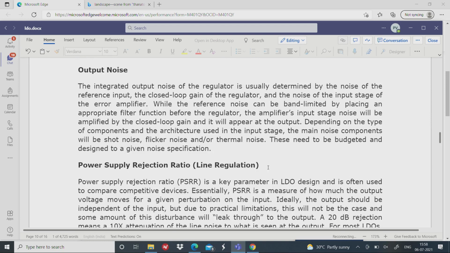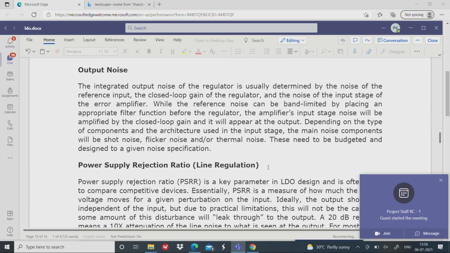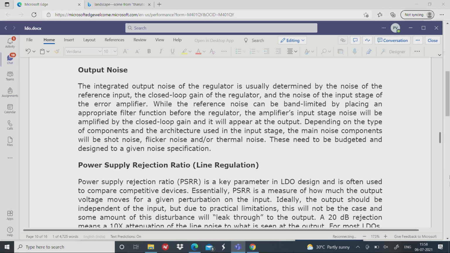Then you have output noise. Remember, this noise is coming because of several reasons. The noise is coming because you have a full fledged electronic closed loop gain of the regulator, and the noise is coming from the amplifier. It can come from the reference. Remember, all these are issues which can bother you continuously, and then you have to battle them in an appropriate manner, okay.